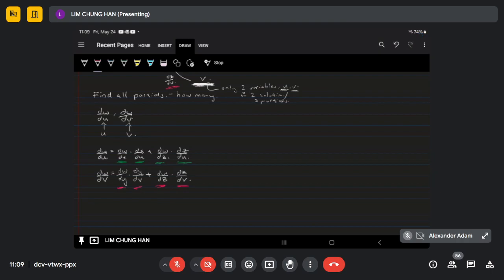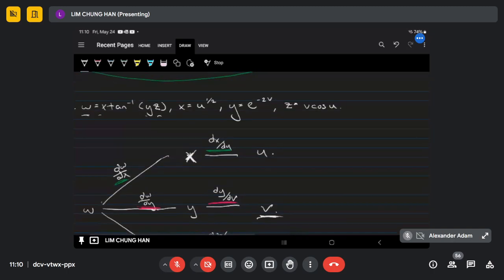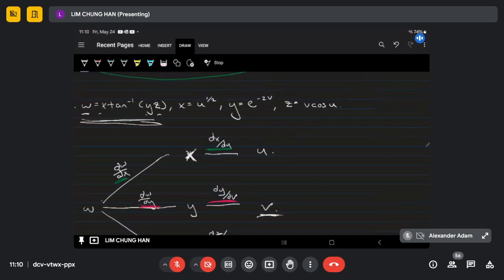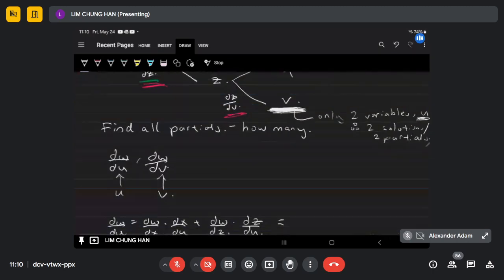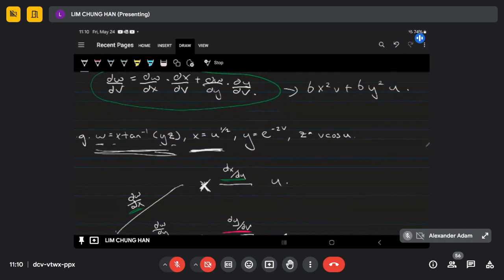Clear. Okay. If it's clear, what I want you to do next is continue. We haven't finished. Now you have to do the differentiation. dw dx: you have to look here, differentiate against x, multiply by dx du. So you have to come here, differentiate that against u, and then multiply both together.